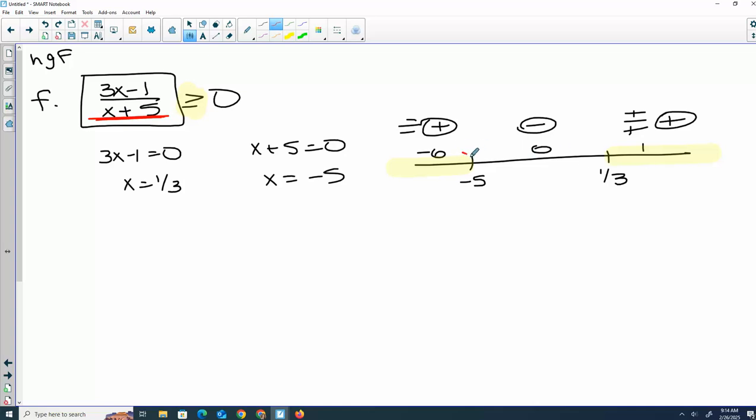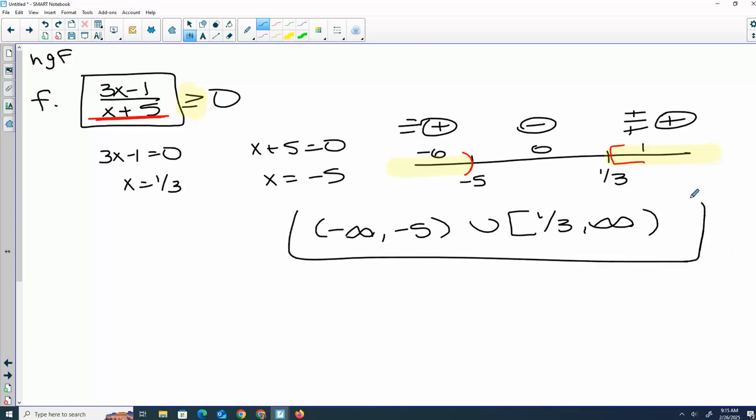So it can't equal the negative 5 no matter what, but it can equal the 1/3. So negative infinity to negative 5, union bracket 1/3 to infinity. Is that one okay?